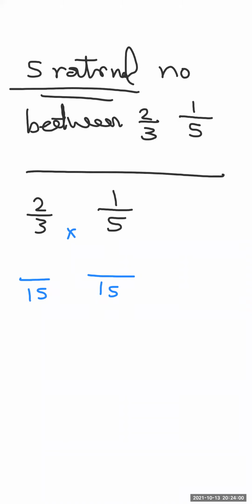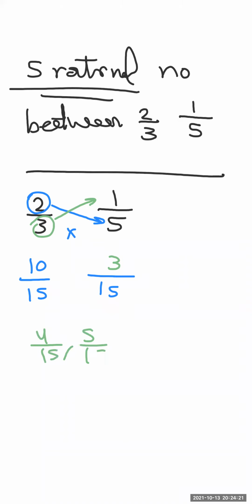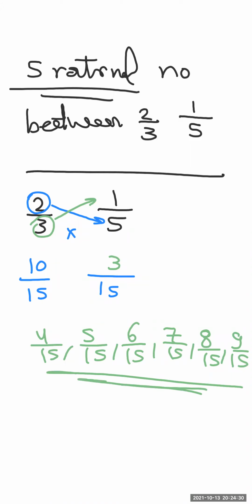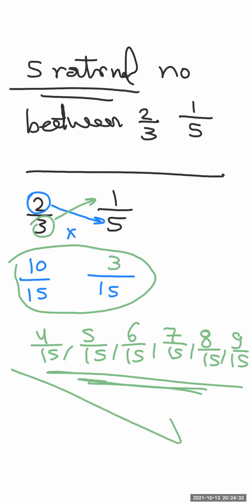The first number will be 2 times 5, so 10. The second number, 3 times 1, is 3. Here there are 5 numbers or more, so directly I can write the answer: 4/15, 5/15, 6/15, 7/15, 8/15, 9/15. All these numbers are between the two numbers, right?